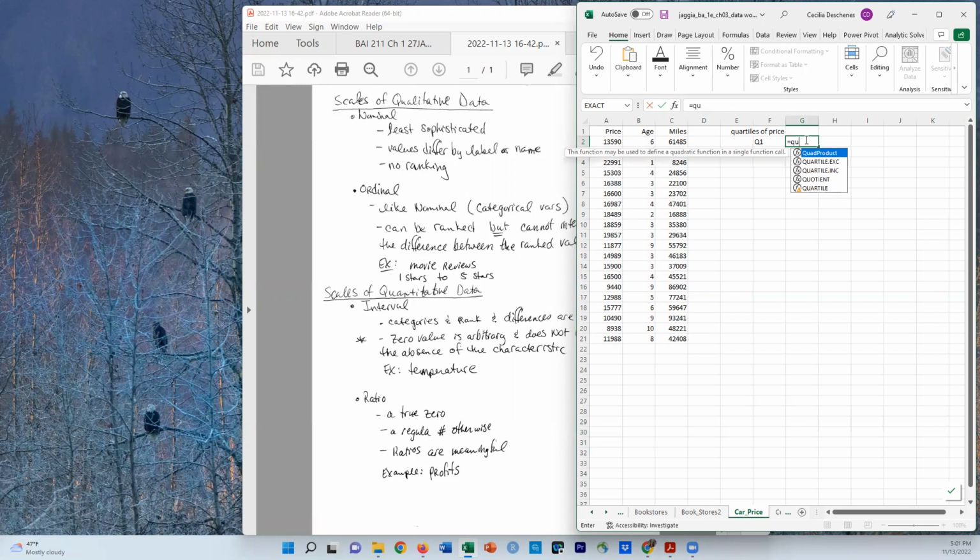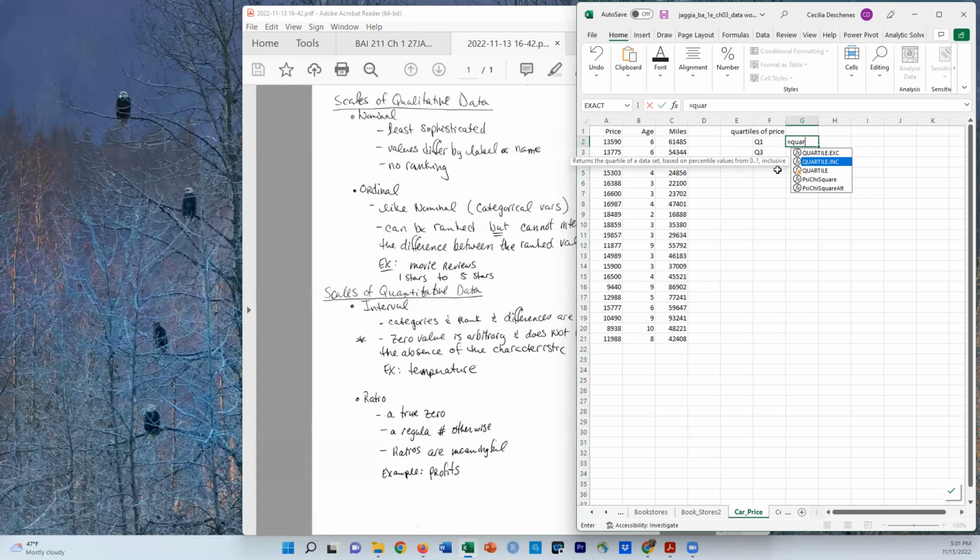And so if I hit quartile, I get quartile period EXC, and that says it returns a quartile of a data set based on a percentile value from 0 to 1, exclusive. And if I choose the one that says inclusive, it says the same thing, except at the very end, it says inclusive. So what this means is it's going to include the 0th percentile and the 100th percentile, or the min and the max, if you will, when it's doing its calculations.